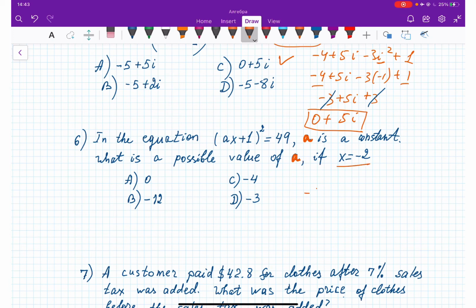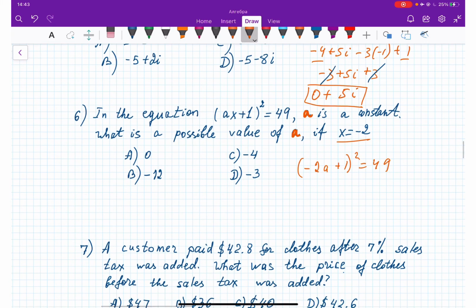I will get negative 2a plus 1 squared equal 49. So negative 2a plus 1 squared, I'm opening as a plus b squared. No, a minus b squared. I will rewrite 1 minus 2a squared.